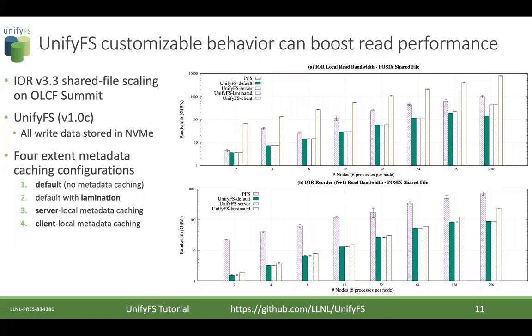And here we see that the default case and the server case are basically the same, because your read bandwidth is limited by the slowest case, which is the off-node read, regardless of the metadata lookup.